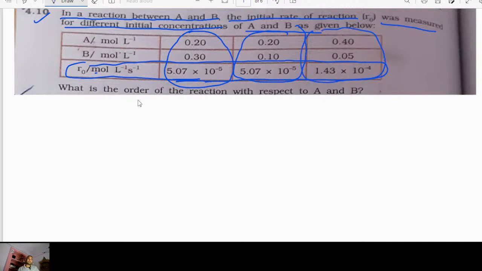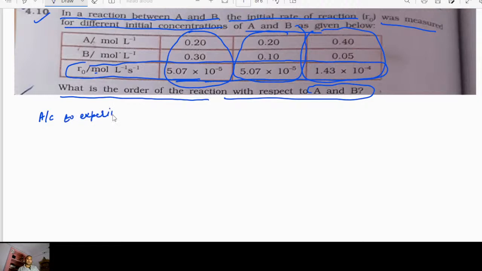So what are they saying, what is the order of the reaction with respect to A and with respect to B, they are asking. So we need to write the order. Let us write according to experiment 1.